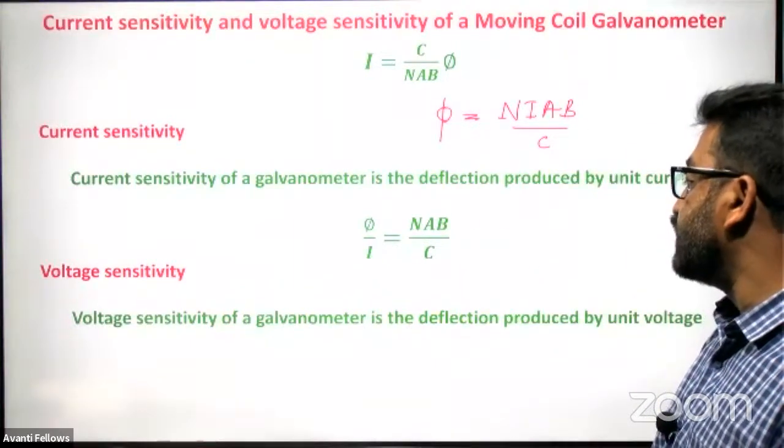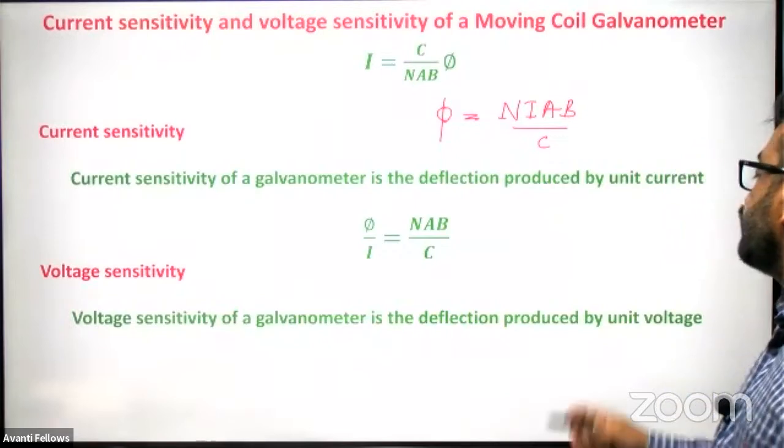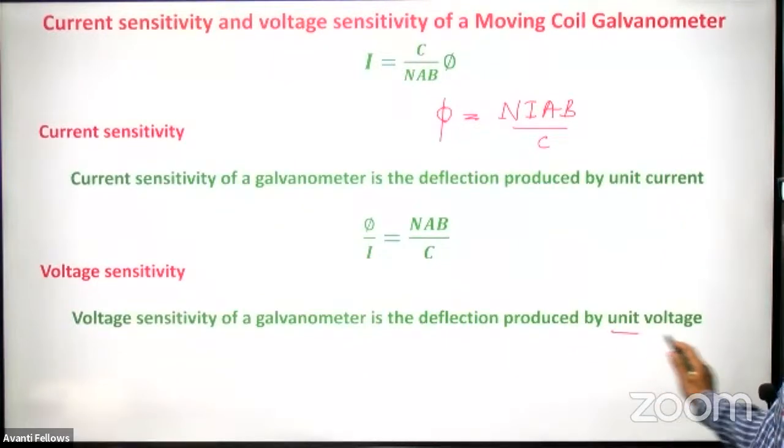Now, voltage sensitivity: the deflection produced by the galvanometer for unit voltage.